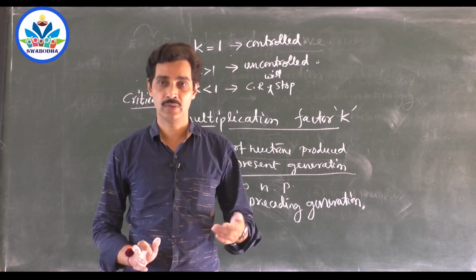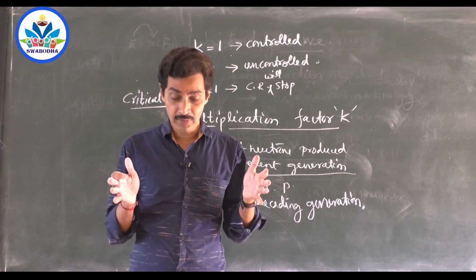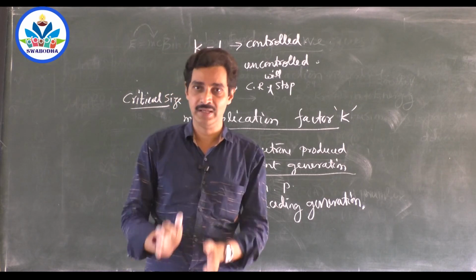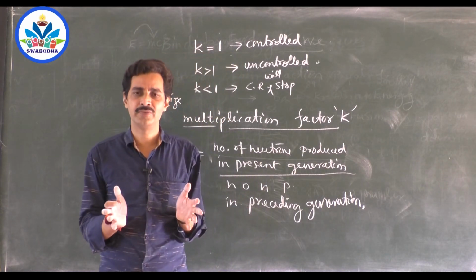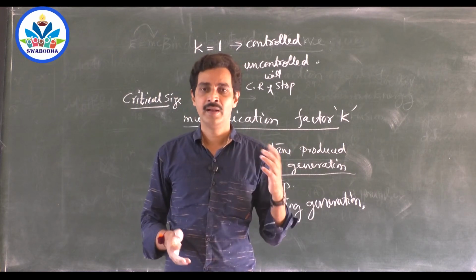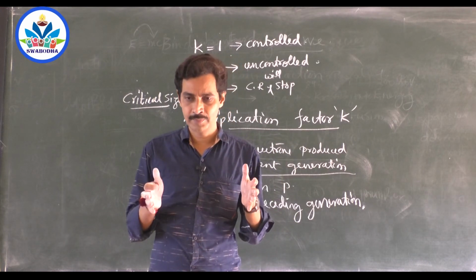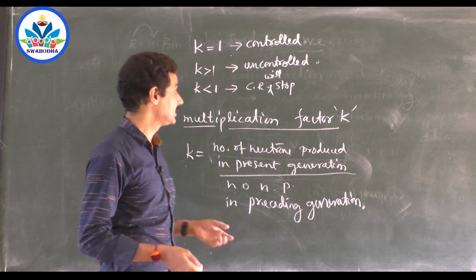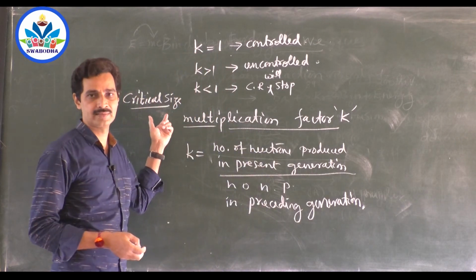It will become uncontrolled. And if the amount of material taken is of critical size only, what is required for a controlled chain reaction, that is what you call critical size. Critical size is the minimum size, or the exact size, for which a controlled chain reaction takes place.